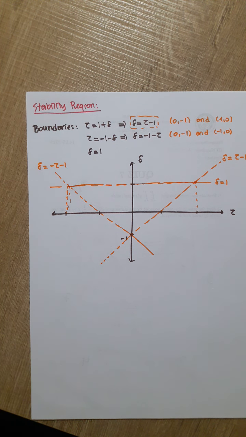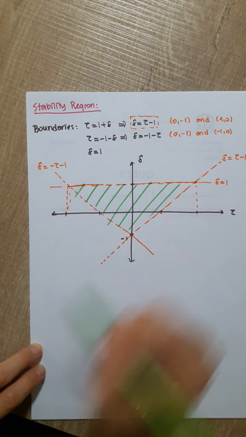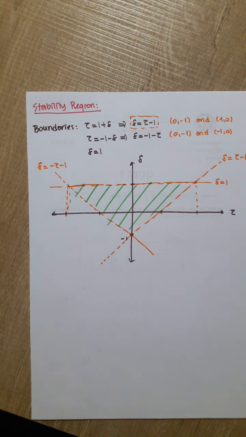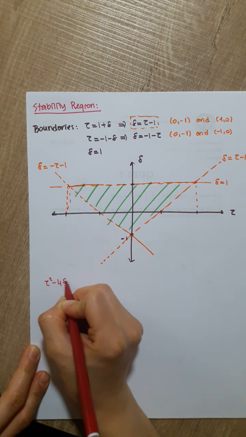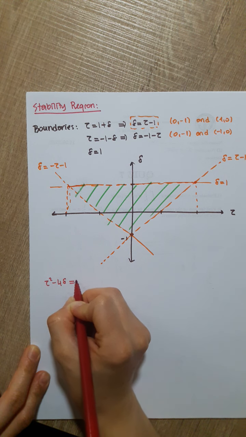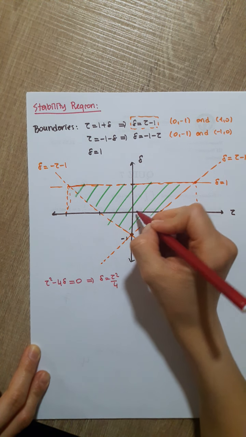So if you are inside this triangle, the equilibrium solution is locally asymptotically stable. If you cross at least one of these boundaries from inside to outside, then you will obtain an unstable equilibrium solution. Also, we can determine real or complex eigenvalues by the sign of tau squared minus 4 delta. If I equate it to 0, I have delta equals tau squared over 4, a parabola.